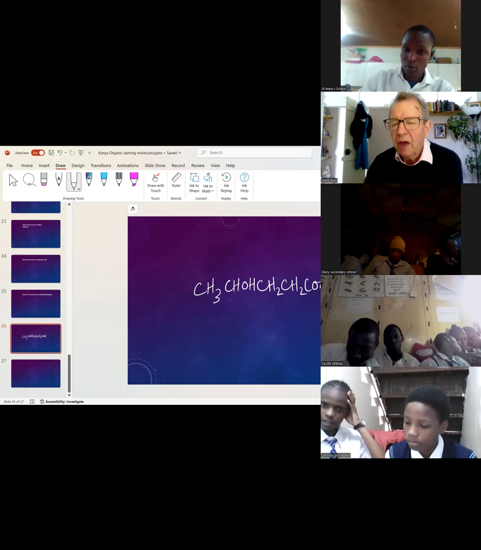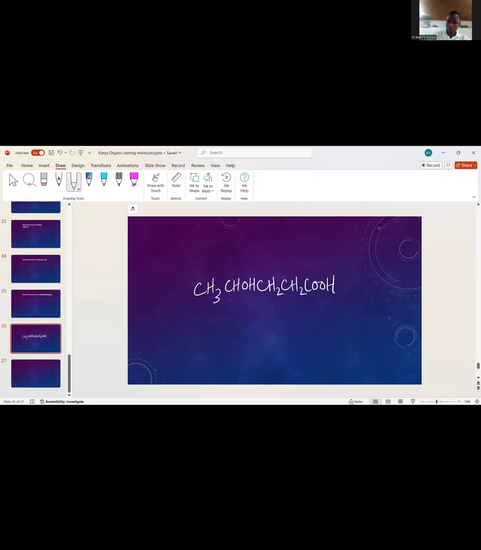I should tell you that an OH, which is on the chain but not making it an alcohol, in other words, this one here, is named as hydroxy. So if it's in a chain but it's not making it an alcohol, it's hydroxy.